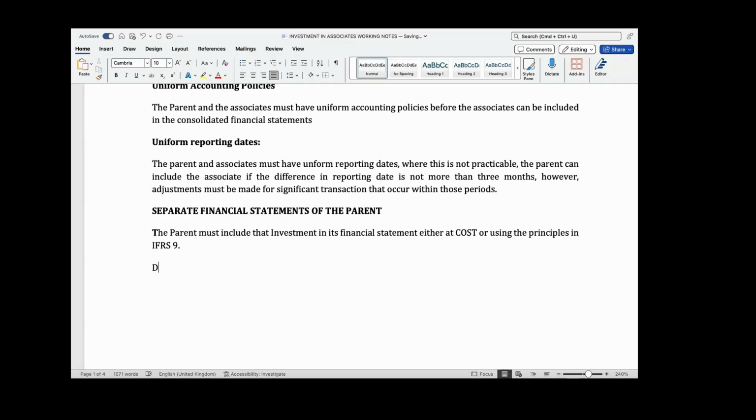And with this one, all it does is incorporate that investment. It calls it investment in associates at cost, at the cost price, and it simply credits bank in its own separate financial statement.